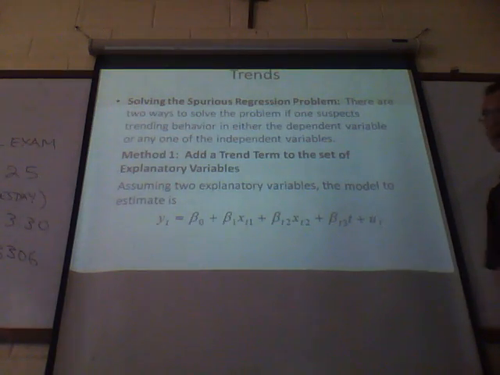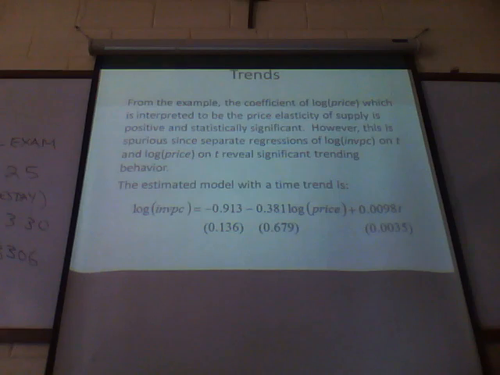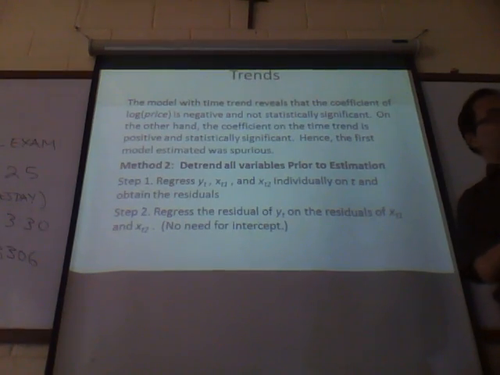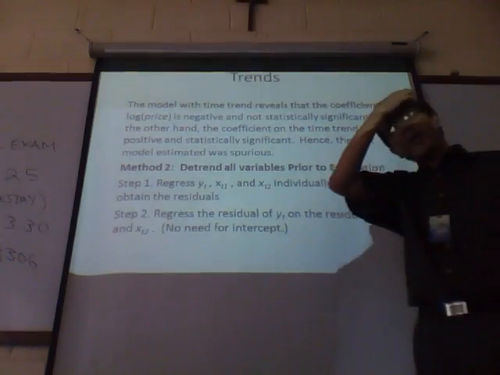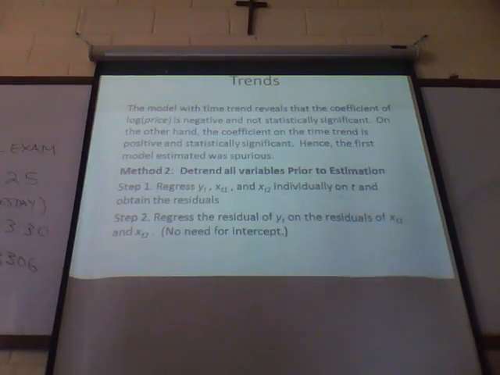Okay? Now, we can skip the example. We've talked about this already. I'm just reviewing. Now, let's go to method 2. Even though method 1 is simple and can easily be carried out, it also helps to talk about method number 2. Method number 2 says to detrend all the offending variables.